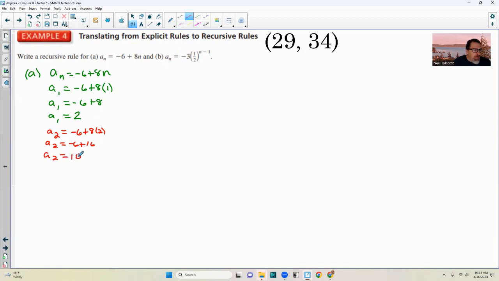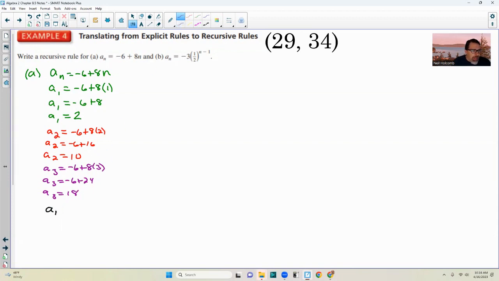So to get from 2 to 10, you had to add 8. So if I do one more, a sub 3 equals -6 plus 8 times 3. A sub 3 is going to be -6 plus 24. A sub 3 is 24 minus 6 is 18. 2 plus 8 is 10. 10 plus 8 is 18. So we found the rule.